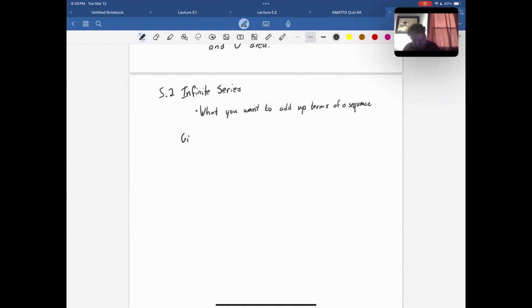Given some sequence a sub n, where n will either go from 0 or 1 up to infinity, its series is going to be, using sigma notation, the sum from n equals 1 to infinity of a sub n. And this is really just a1 plus a2 plus a3, and so on and so on.